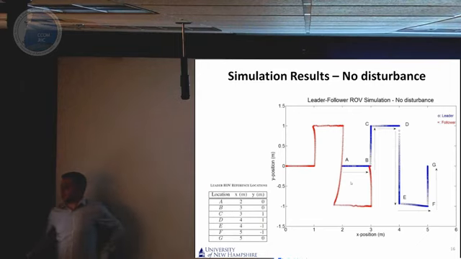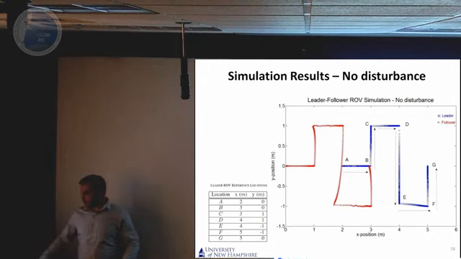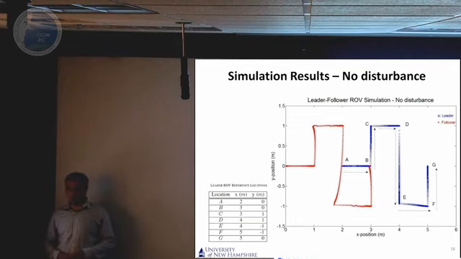This slide shows the simulation results when there is no disturbance acting on the ROV, so it's ideal, like an ocean engineering tank. Again, the leader is the blue one and the follower is the red one. The follower is commanded to follow the leader 2 meters behind, and the leader is given these trajectories or reference points to follow.